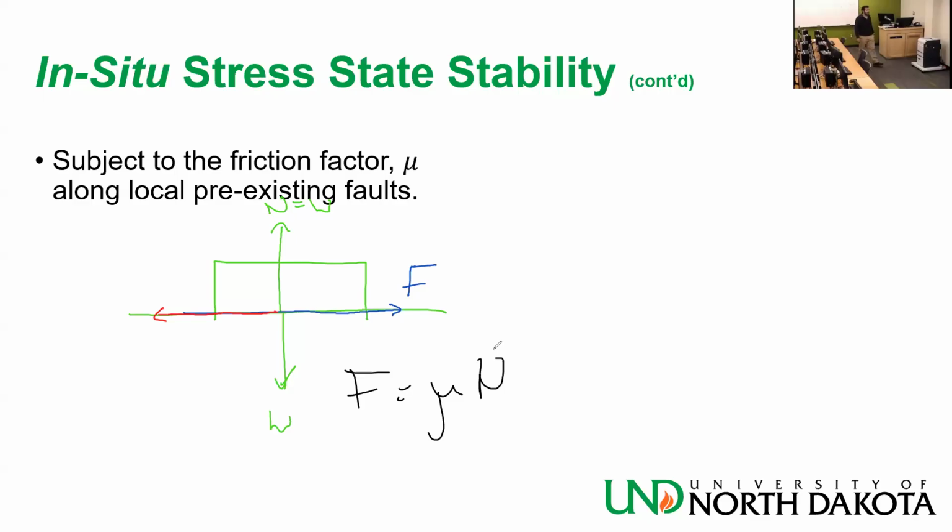It's the same thing here, actually. You have the rock, the pre-existing fault. You are trying to make it move using tau, but the fault is held.